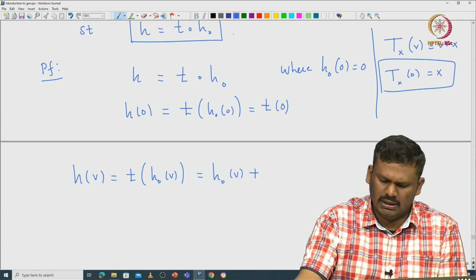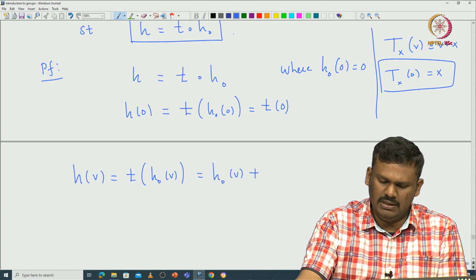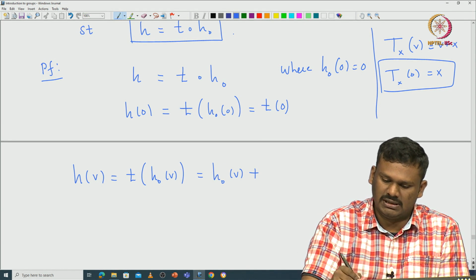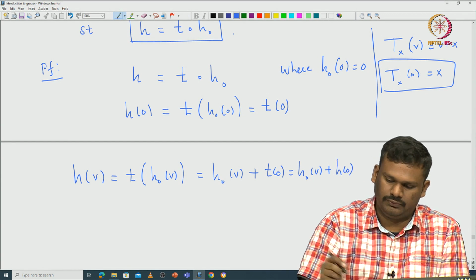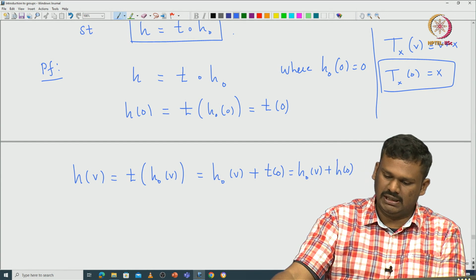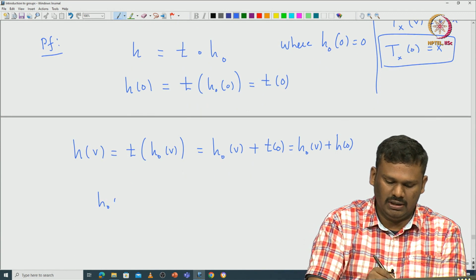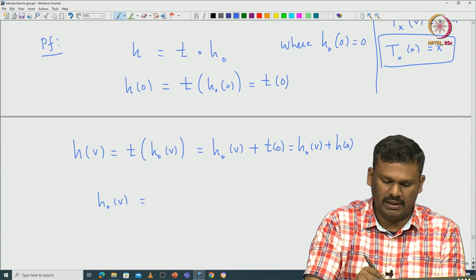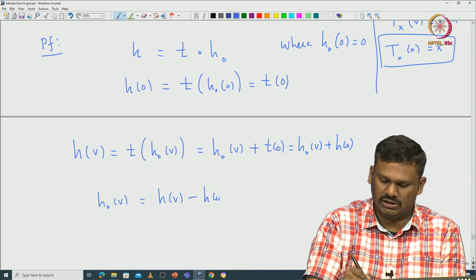That means T of H naught of V must be H naught of V plus T of 0, which is exactly H naught of V plus H of 0. So H naught of V is given by H of V minus H of 0.